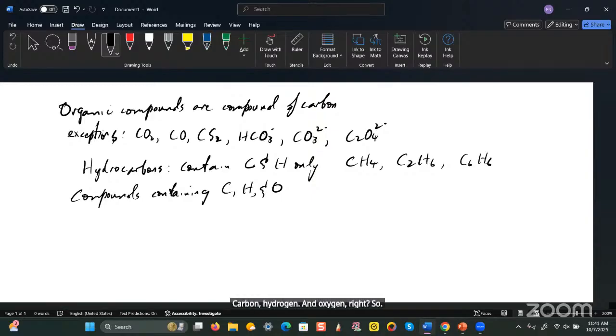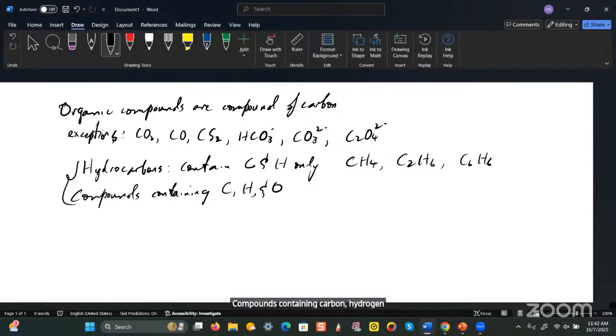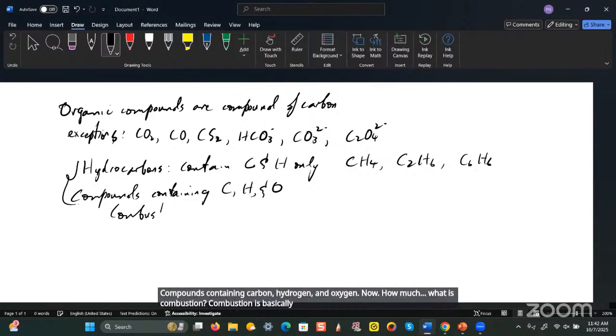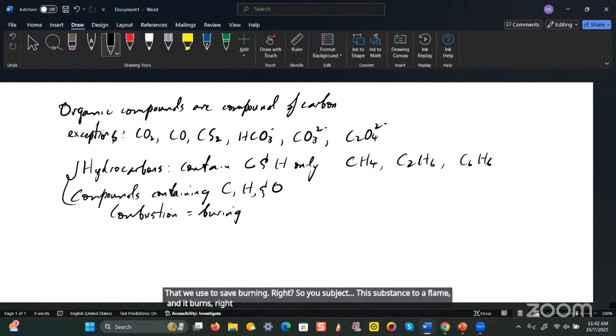So this discussion about combustion will be dealing with only these groups of compounds, hydrocarbons and compounds containing carbon, hydrogen, and oxygen. Now, combustion, what is combustion? Combustion is basically a fancy term in chemistry that we use to say burning, right? So you subject the substance to a flame and it burns, right? And that's a chemical reaction, right?